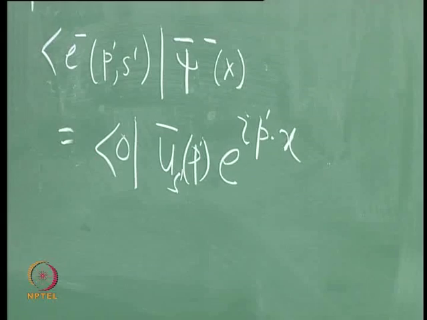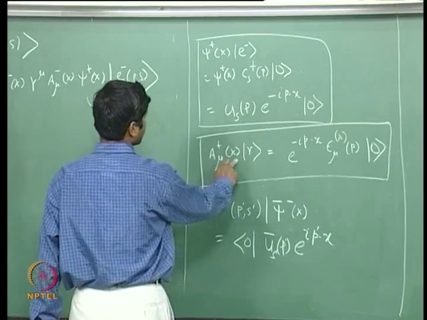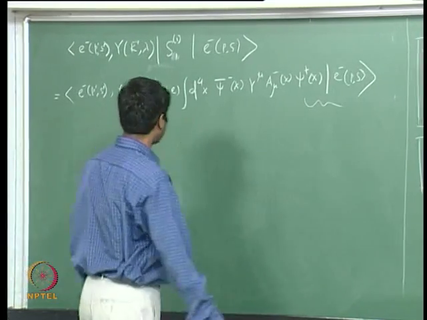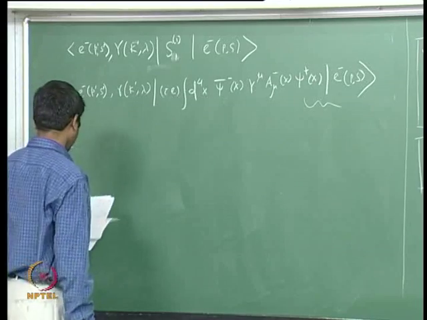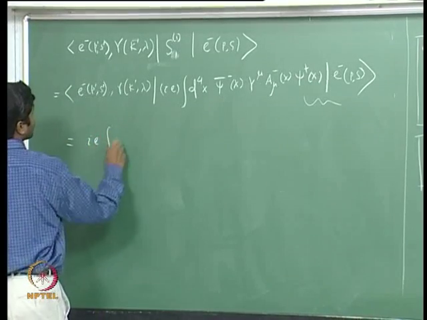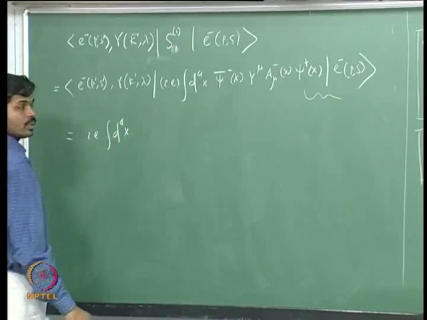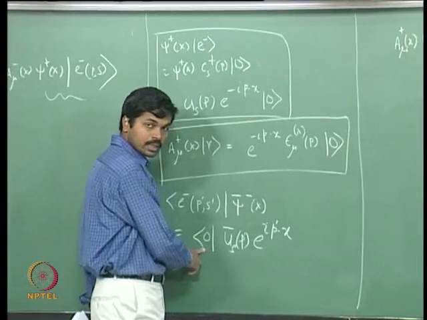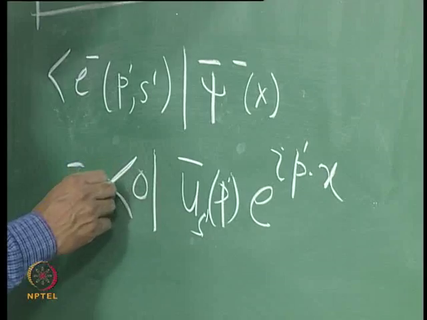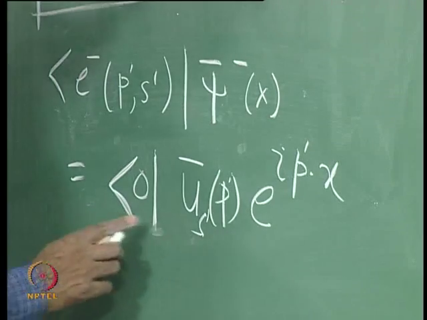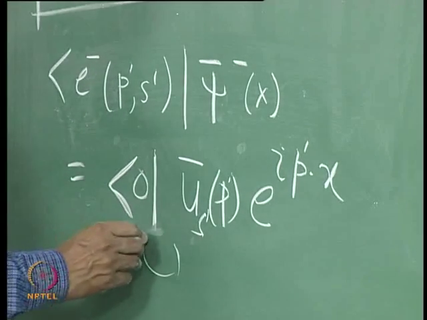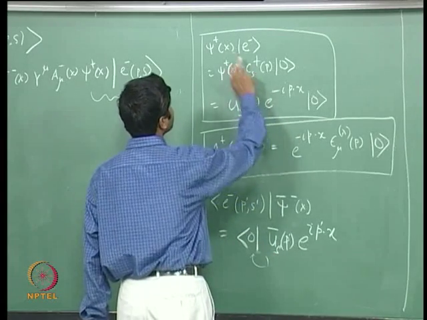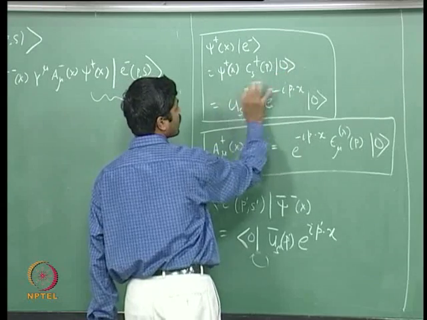All right. Similarly, if A mu of x, A mu plus of x acts on this state, then what I will get here is i e integration d4 x. Then these are numbers as far as the ground state is concerned, because these are the operators which act on the ground state, but these numbers simply multiply them.